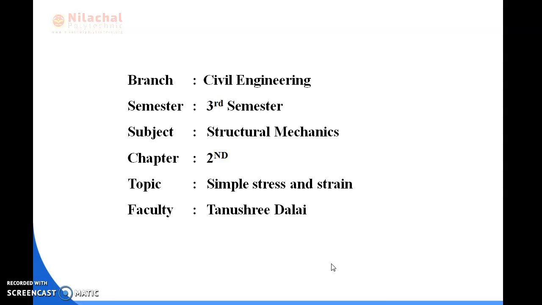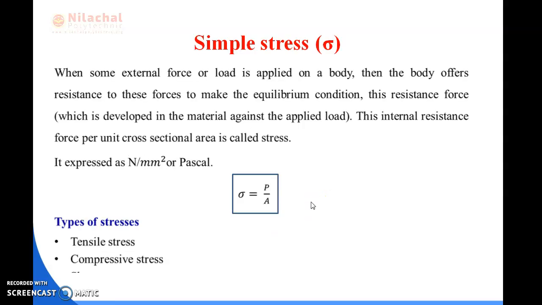Okay, so the next class, that means today's class, is all about chapter 2, which is simple stress and strain. First of all, you need to know what we mean by stress and strain. Stress means that when some external force or load is applied on a body, the body offers resistance to these forces to make the equilibrium condition.